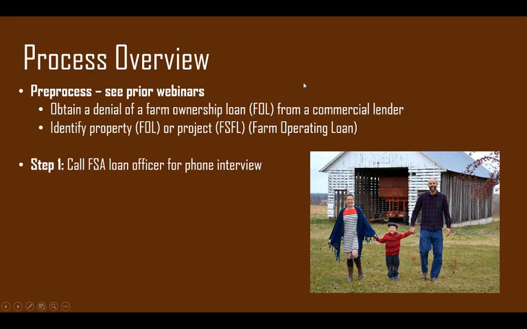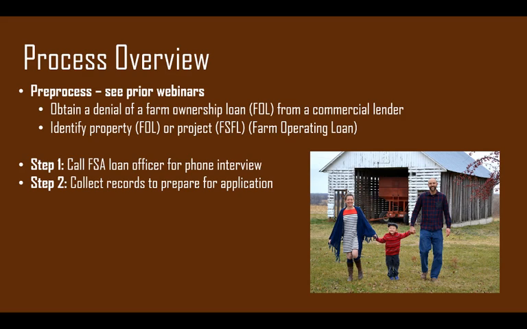So your first step is to call the FSA loan officer in your county or in the county of the property that you would like to buy for a phone interview. And while you're in the process of calling that loan officer, you'll want to start collecting records to prepare for the application.